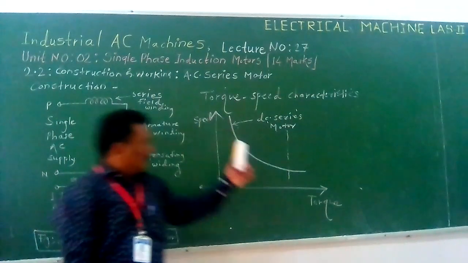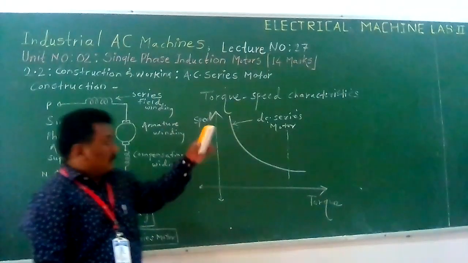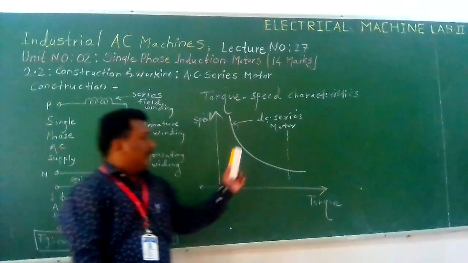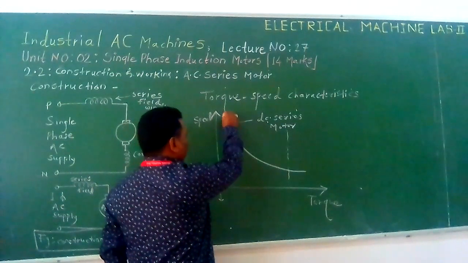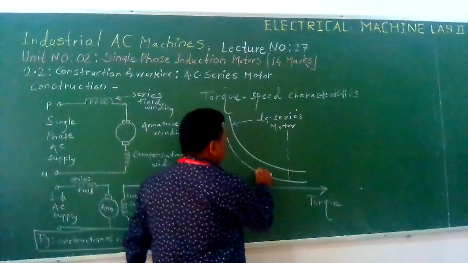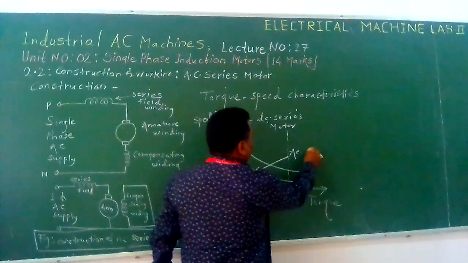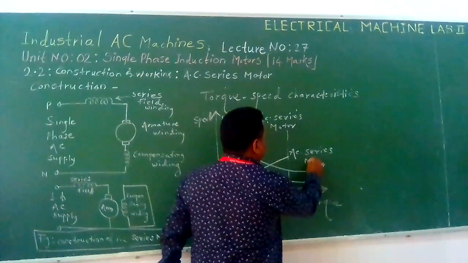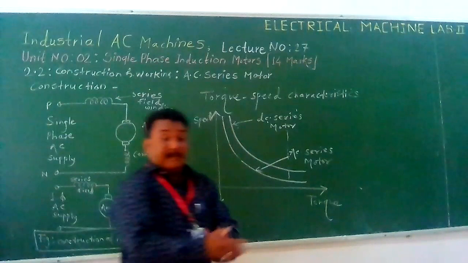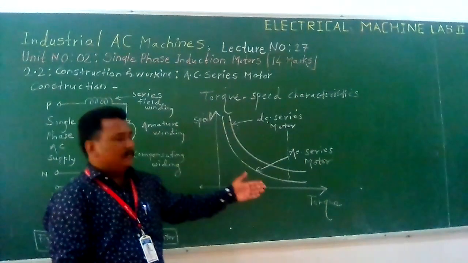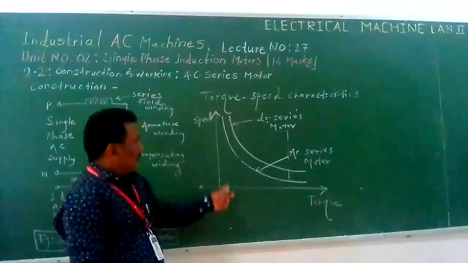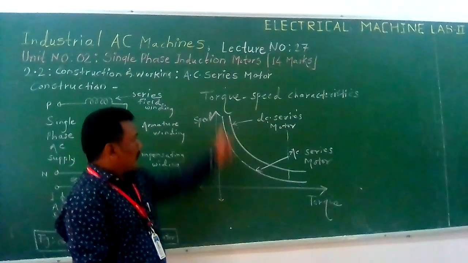We have already seen these characteristics, but the characteristics of an AC series motor are somewhat similar to the DC series motor, and this is the characteristics of an AC series motor. They don't match exactly with a DC series motor, but in the actual pictorial view, at starting the speed is very low and torque is high.